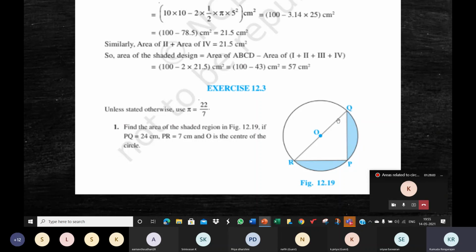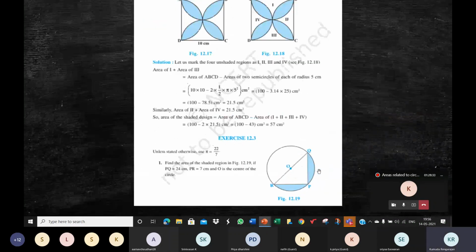Half of QR, OQ or OR, is the radius. So 25 by 2. Now we have the radius of the circle. And for the triangle, this is the base and this is the height, or you can regard this as the base and this as the height. Half base into height will give the area of the triangle. So area of semicircle minus the area of the triangle will give us the area of the shaded region. Good.